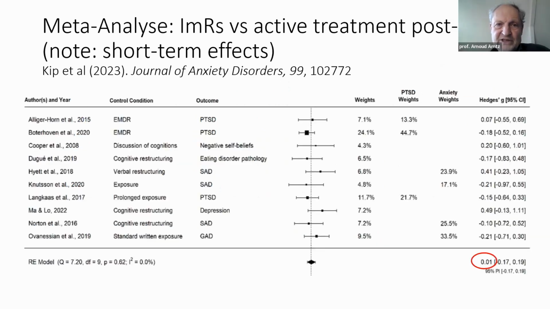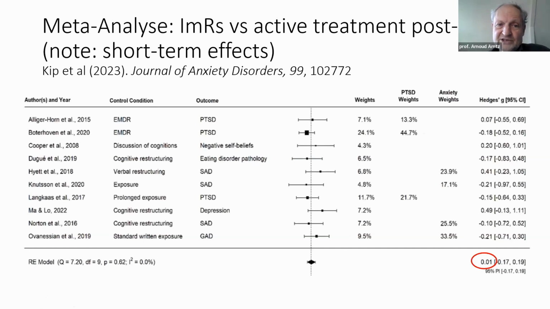However, when the immediate effects pre to post are compared between imagery scripting and active other treatments, then we see an effect size of almost 0. So it means that there is, in the short term, no clear difference between imagery scripting and other active treatments.